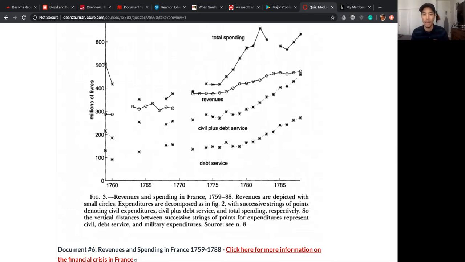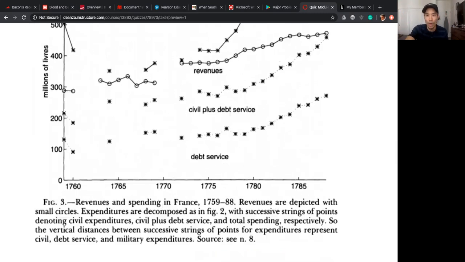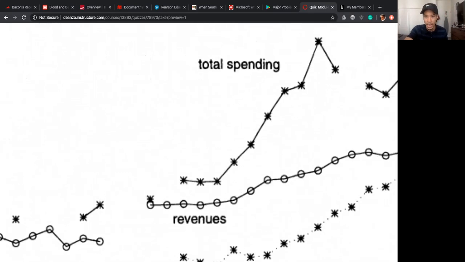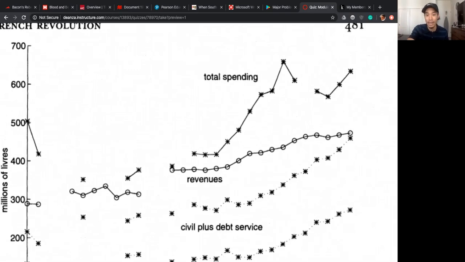The problem is that France is this growing superpower, but with great power come great responsibilities. At the end of the day, you can only spend what you take in. And look at the revenue. Notice the difference: the spending is a lot higher than the actual revenue that the king was taking in.